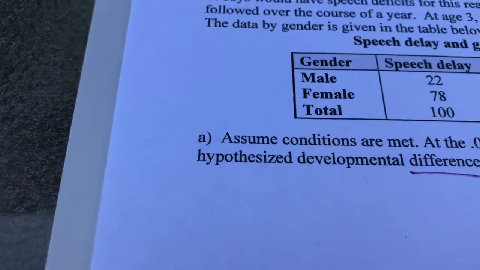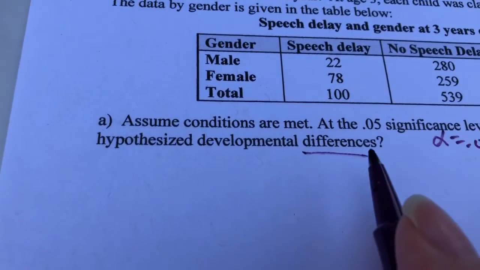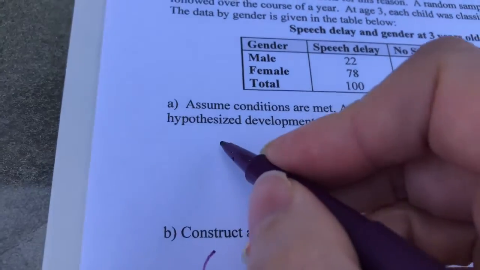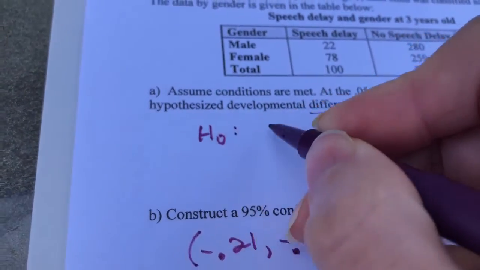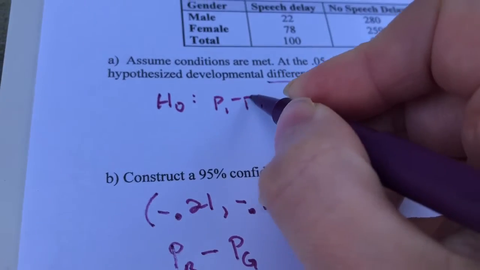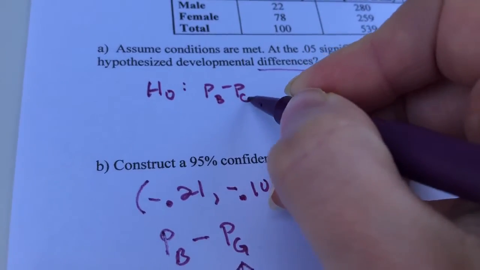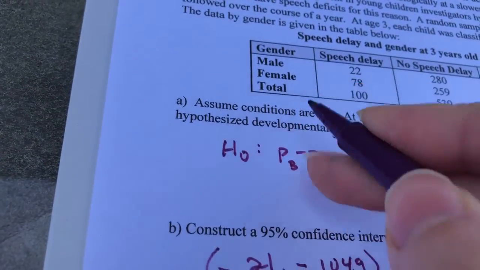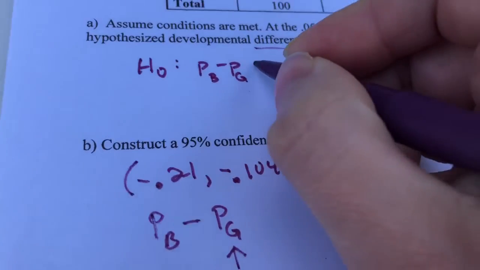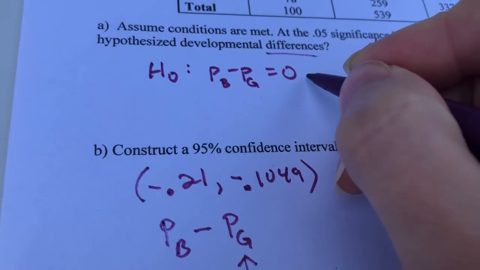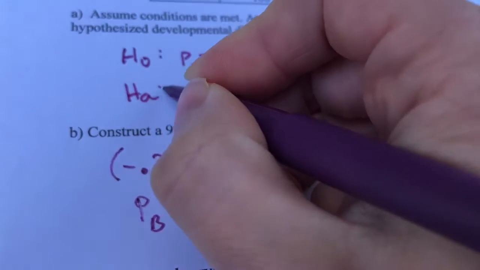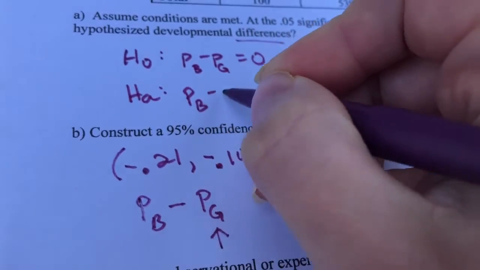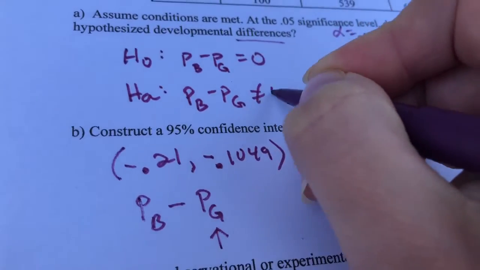So how does this interval support the test from part A? Well, part A, we said, yeah, we have evidence that there is a difference. So if we think about what the null hypothesis is, that when we compare boys, girls, I should use M and F, shouldn't I? Male, female. Oh, well, we're good. The null hypothesis would be that there's no difference, whereas the alternative is, all right, when we analyze them, there is some difference.